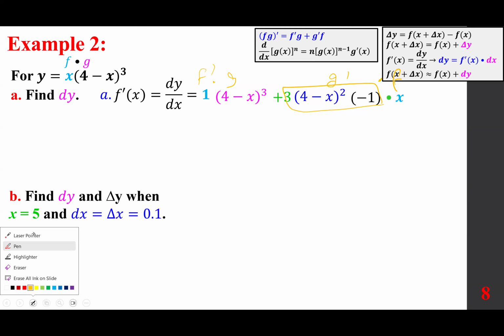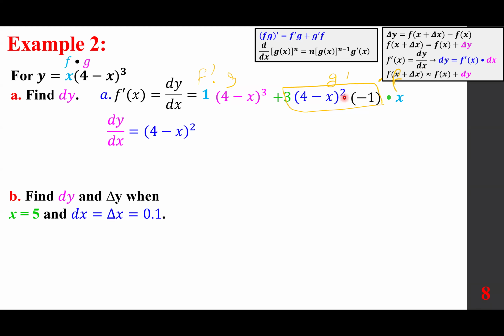As you can see, we have a common factor of 4 minus x cubed or 4 minus x squared. Obviously, we choose the smaller of the two, 4 minus x squared. If you divide this one by this one, you get 4 minus x. If you divide this one by this one, you get positive 3 times -1 times x, which is -3x.